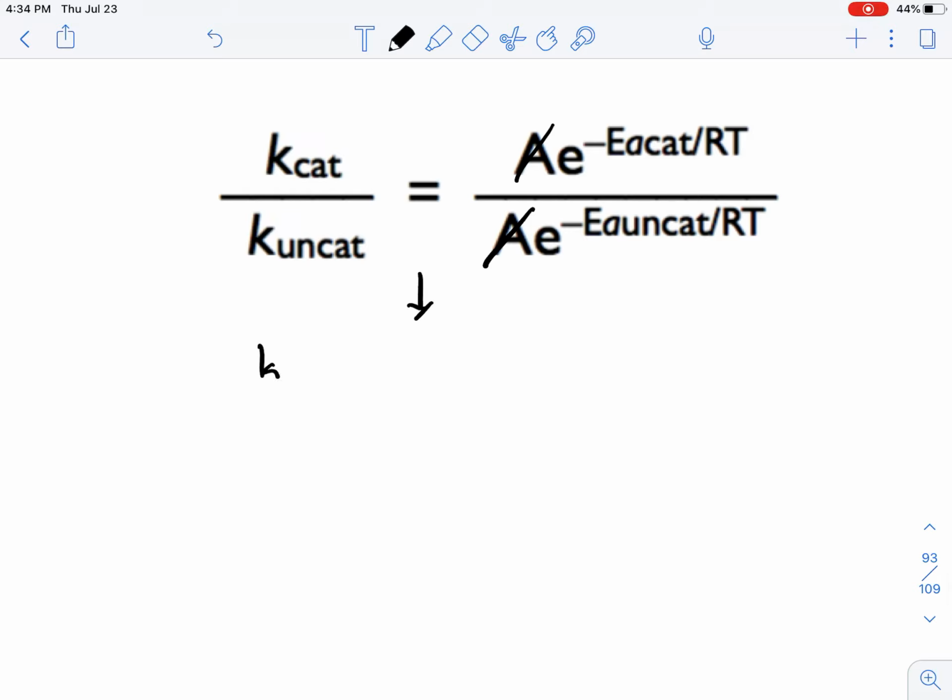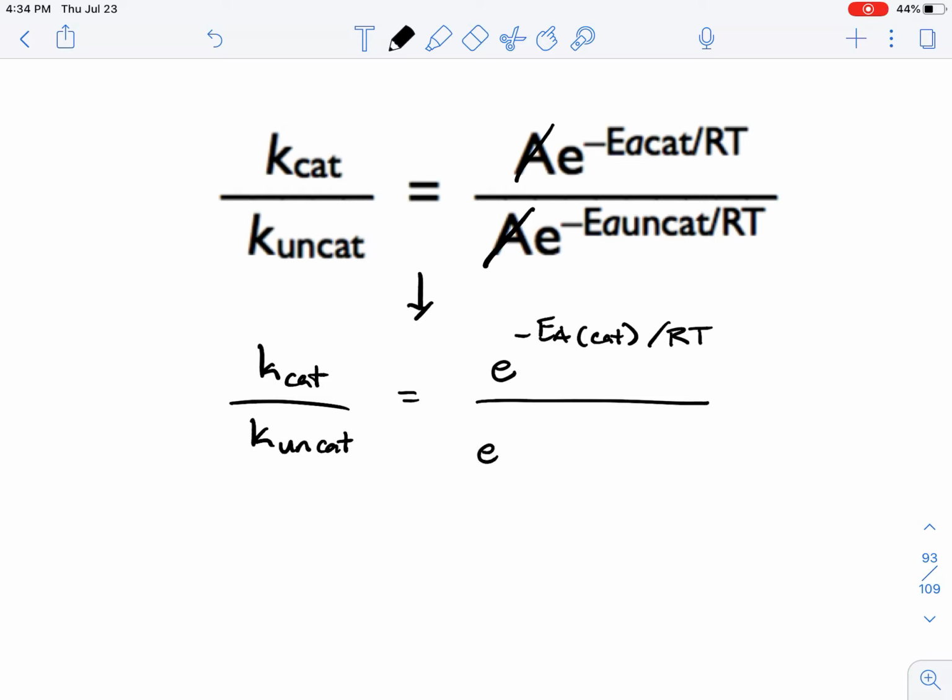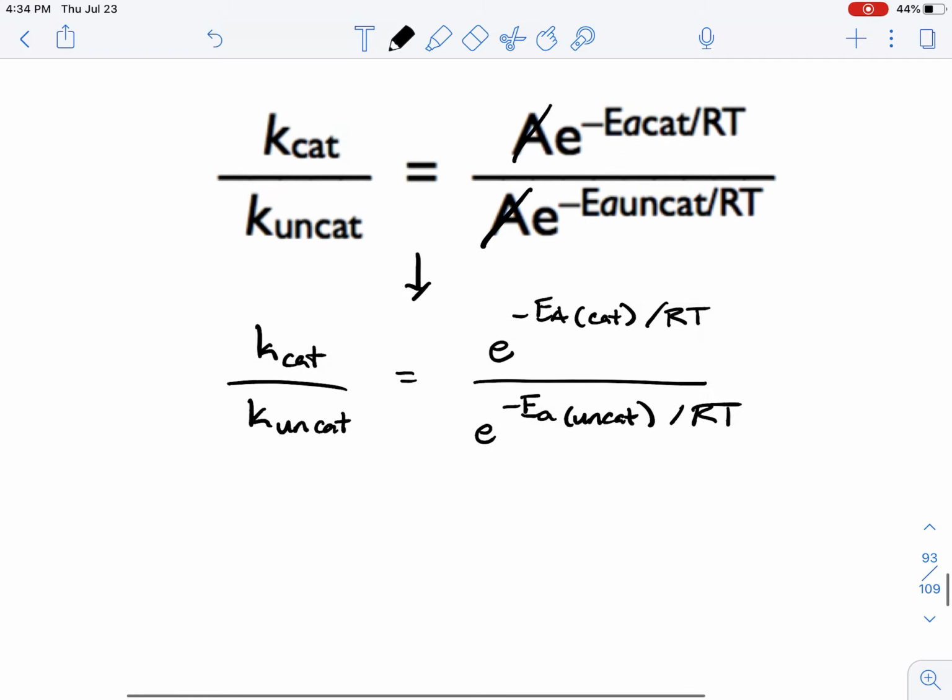And so what we get is k cat over k uncat, so uncatalyzed, and that's equal to the exponential raised to the negative EA for the catalyzed reaction over RT, over negative EA for the uncatalyzed reaction over RT. Since the exponential is present, I can take the natural log of both sides.